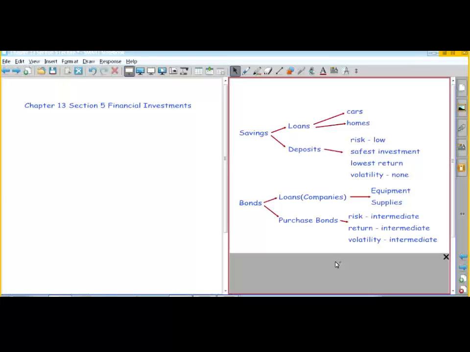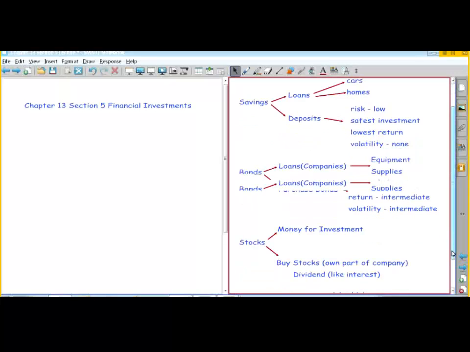And the seller says, well, I'll sell them to you, but I'm going to sell them for more than I paid for them, because they're getting a good rate, and they're not defaulting on the loan, so it's reasonably safe. So the value of the bonds can vary just like the value of stocks, but you're still lending people money. It's still lending. So the value can go up and down. It tends to be less volatile than the third kind of investment, which is called stocks, or some people call them equities.